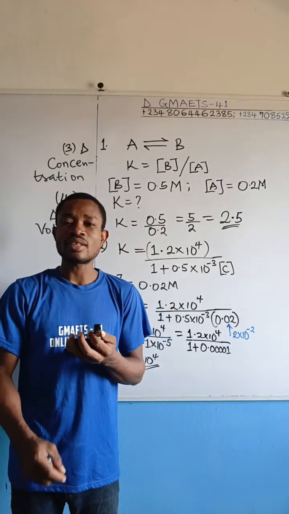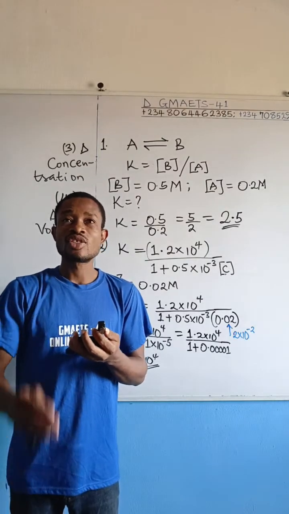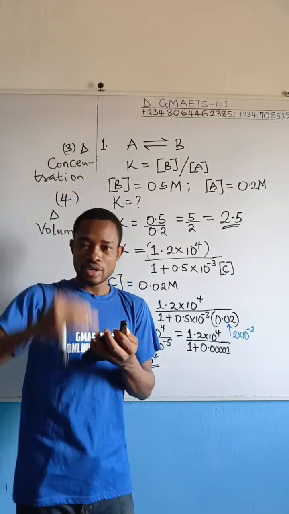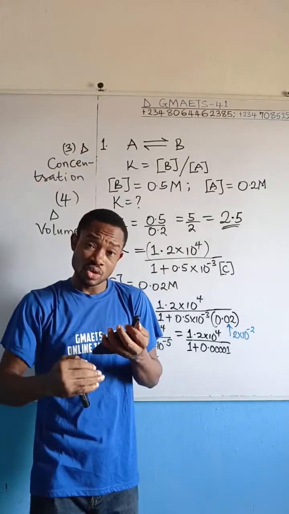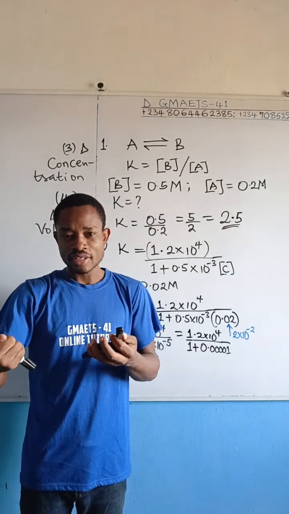But if the catalyst speeds up the reaction, what it has done to that height is to reduce it, because once the activation energy is reduced, the reaction speeds up. I get the point, right?